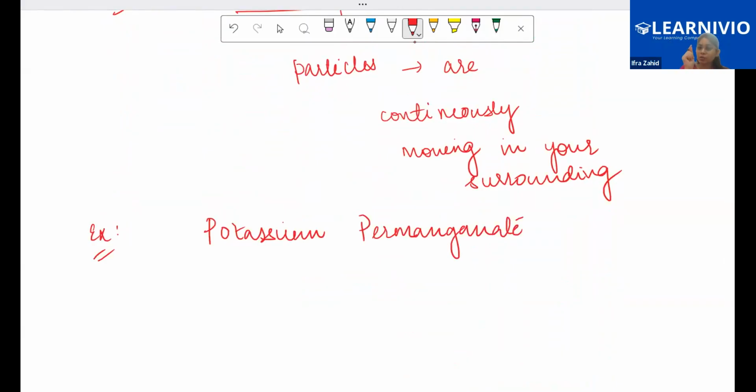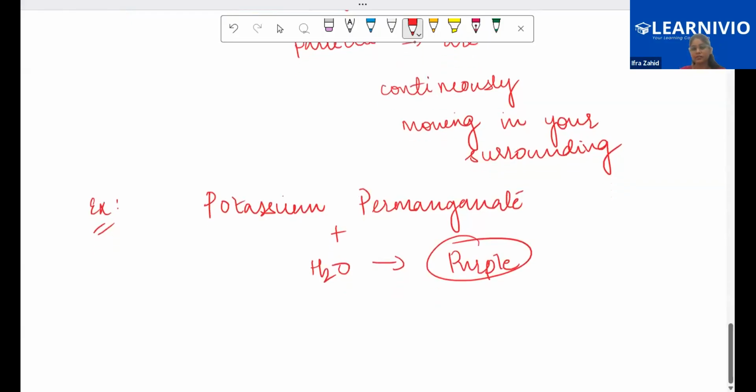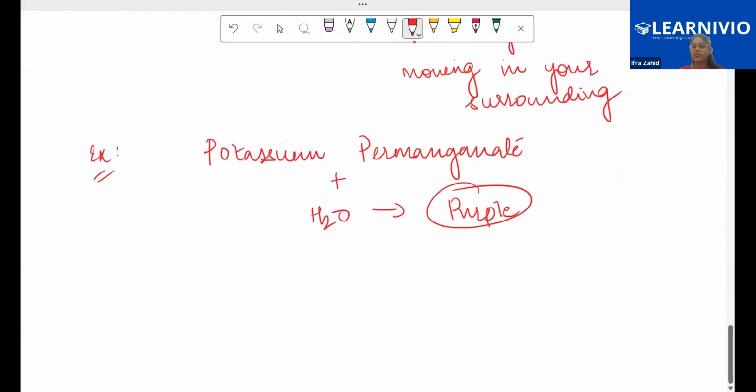So when you add one drop of this chemical in water, the whole water turns purple, right? Yes, ma'am. Why? Without even mixing, this is happening. Ma'am, because of diffusion of particles of this potassium permanganate in water.